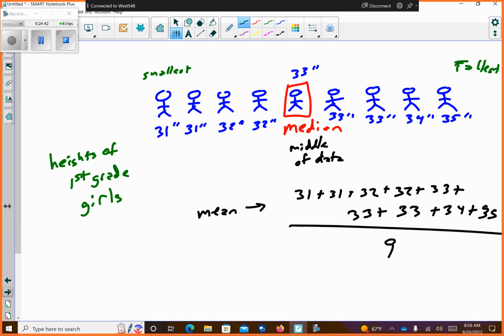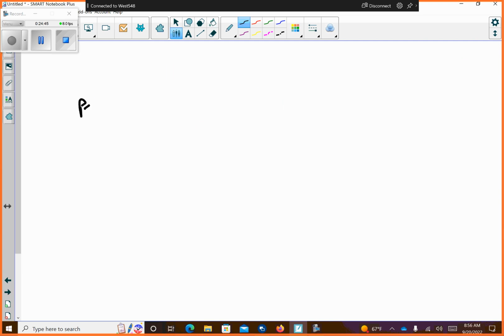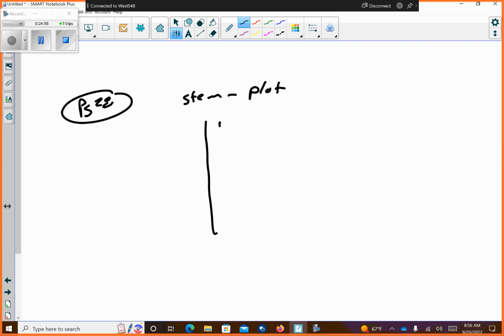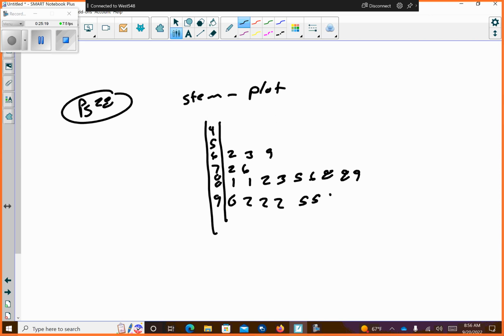Will you take a pretty good look at page 28 for me, please? So we have the stem and leaf, or they sometimes just call it the stem plot, where we have basically this: 4, 5, 6, 7, 8, 9, and then the leaves on each side. Going one way I have 1, 1, 2, 3, 5, 6, 8, 8, 9, then 0, 2, 2, 2, 5, 5, 5, 5.